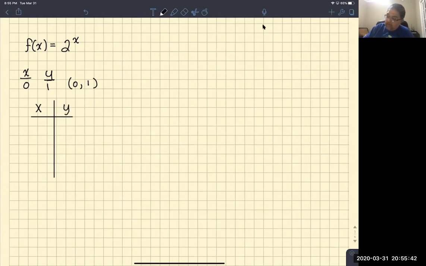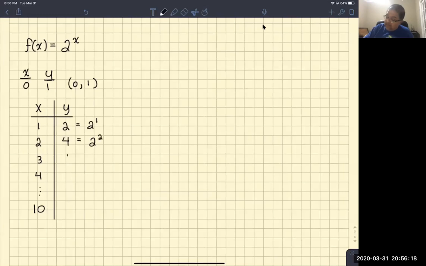Let's pick a couple of values: 1, 2, 3, 4, and then 10. And you may need to use your calculator to figure this out, okay? So when x is 1, what happens? Well, we get 2 to the 1, which is 2, okay? Now, when we replace x with 2, we get 2 squared, which is 4.